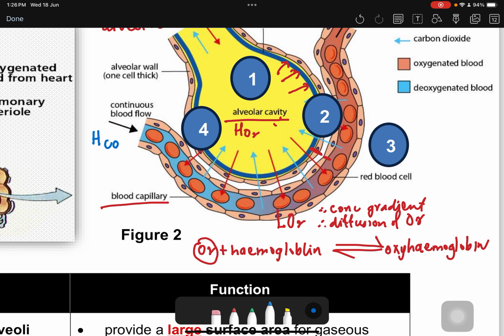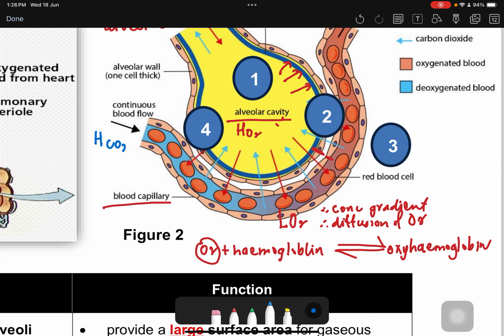So there is a high concentration of carbon dioxide in the red blood cell that's returning from the heart, as compared to the low CO2 concentration in the alveoli, which also establishes a concentration gradient of CO2 for diffusion to occur.